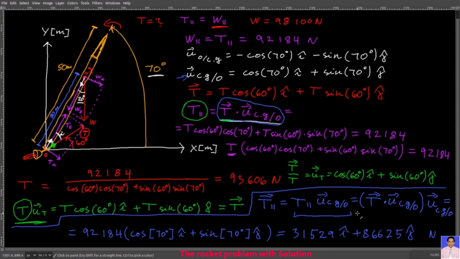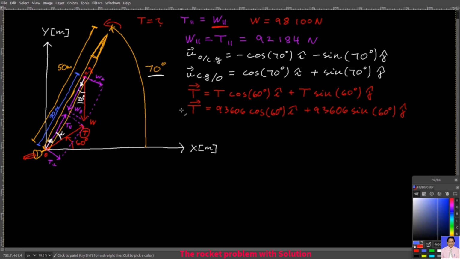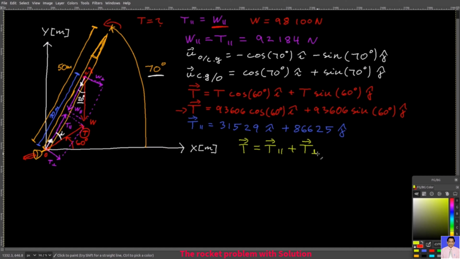So I simply want you to see the difference between this operation and this operation. And now since you have your thrust force in this Cartesian form, and then T parallel in this Cartesian form, then since thrust force equals T parallel plus T perpendicular, which is this one here, now you can find this T perpendicular.